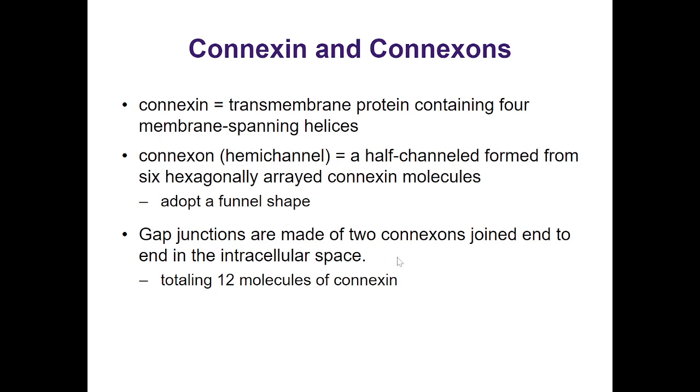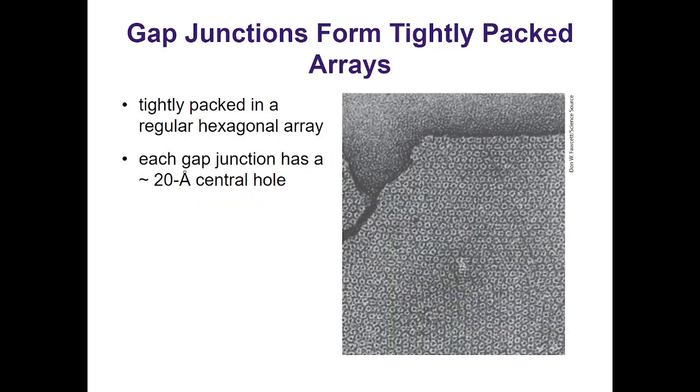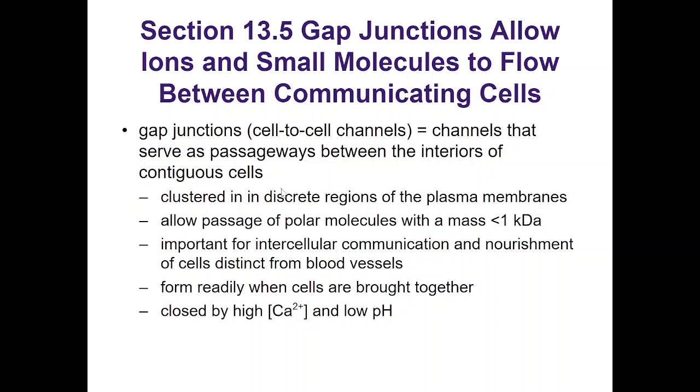The gap junctions are going to be made of 2 connexons joined end to end in the intercellular space. So each of your cells will have their own connexons, composed of 6 connexins, right? They'll then touch faces, connect together, and that makes your full channel. Is that making sense? And that's what your gap junction is, okay? By the way, this is typically why people call it gap junction instead of cell-to-cell channels.